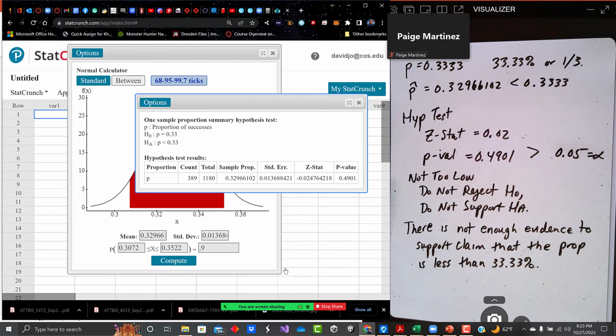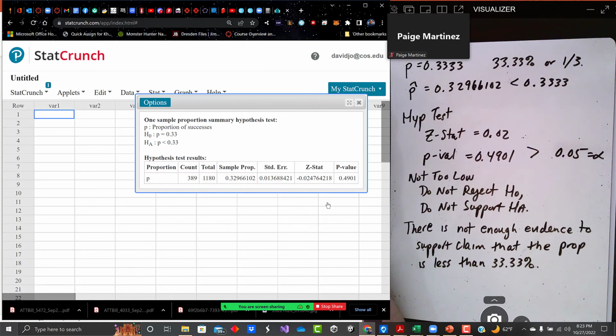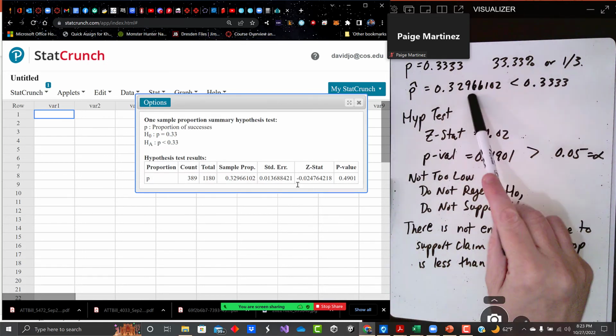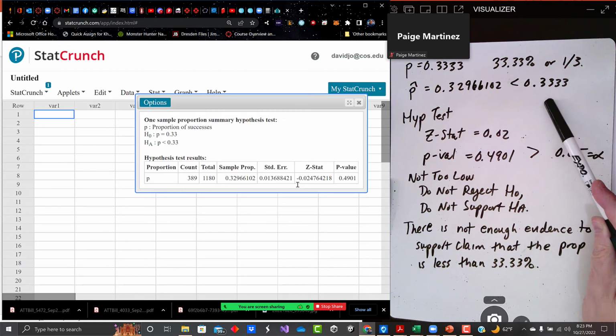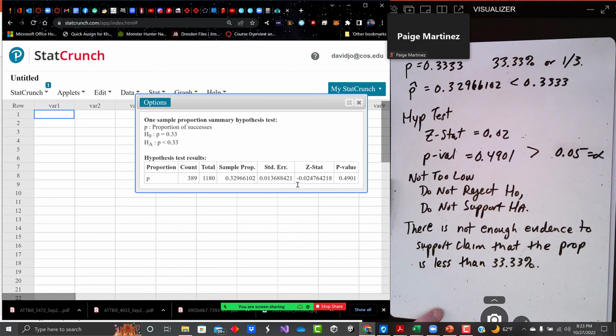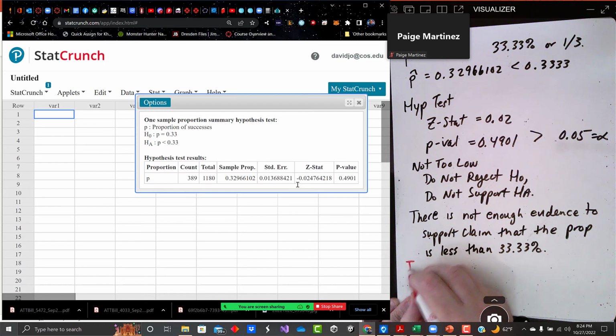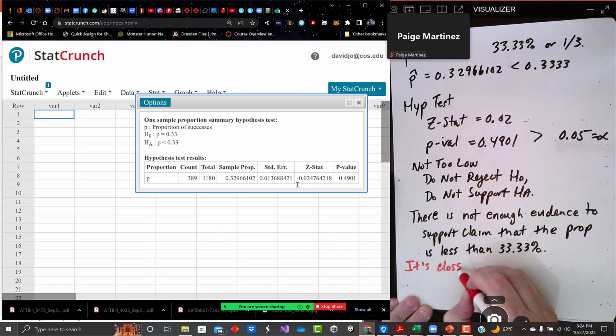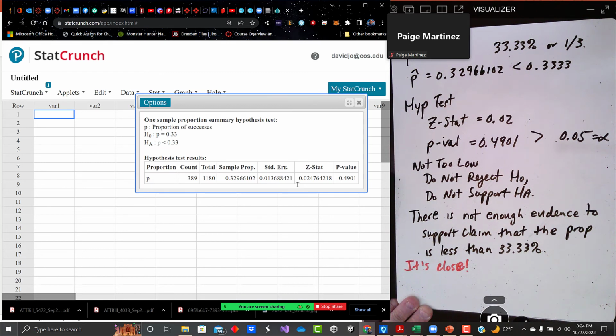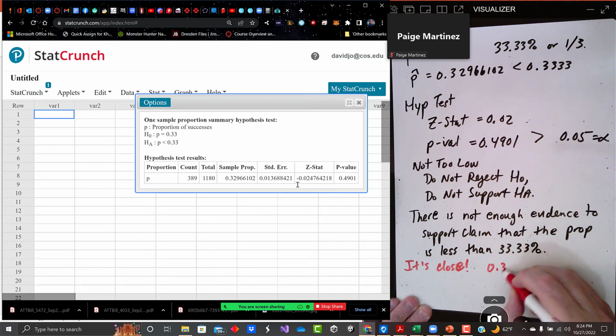Now this trips out students a little bit. Because the value is clearly less than 33%, right? It's clearly less. 32.9 is less than 33.3. The reason why is we can't reject H0 because it's close, is what it comes down to. In this scenario, it's close. 0.333 is a possibility.